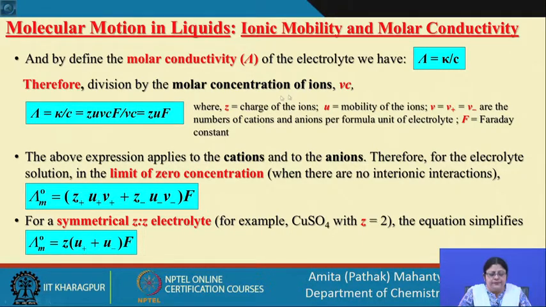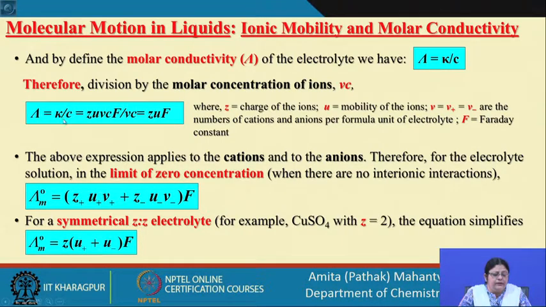So, lambda, the molar conductivity or molar conductance, is nothing but kappa by C, and here C will be the molar concentration of the ions. The molar concentration of the ions needs to be taken as the number of ions which is going to be generated per formula unit of the cation or anion.